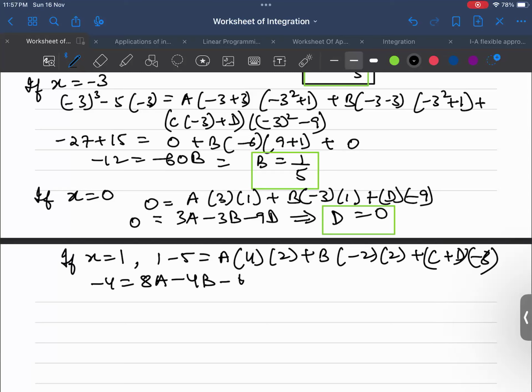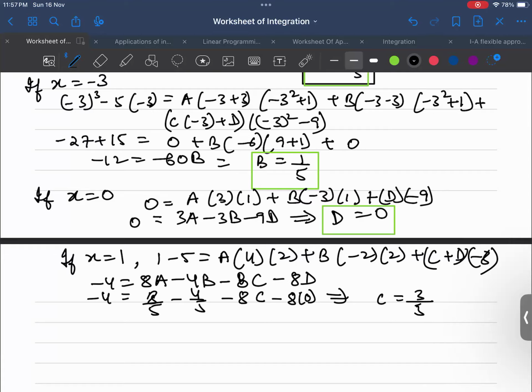I'm solving it fast for you. Plus 8d. I'm keeping the values for a, b, c. Substitute those values and you will get 8 by 5 minus 4 by 5 minus 8c minus 8 into 0. Solve it. You will get c equals 3 upon 5 after solving it.